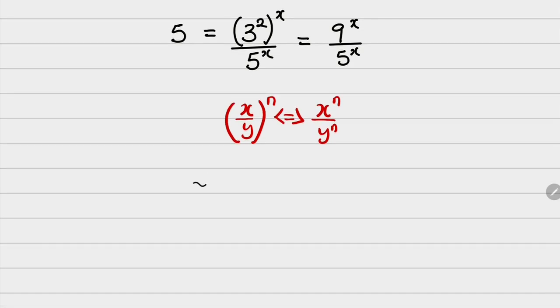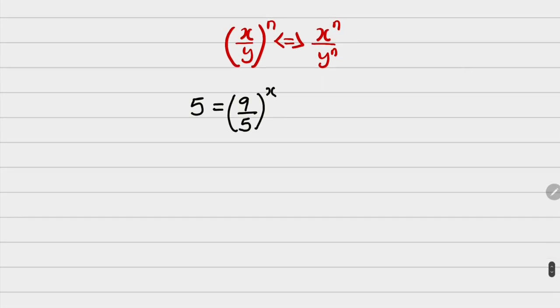So what I'm going to have here now will be 5 is equal to 9 over 5 all raised to power x. What is 9 over 5? This is 5 is equal to, now 9 over 5 is actually 1.4. Okay, this is all raised to power x.